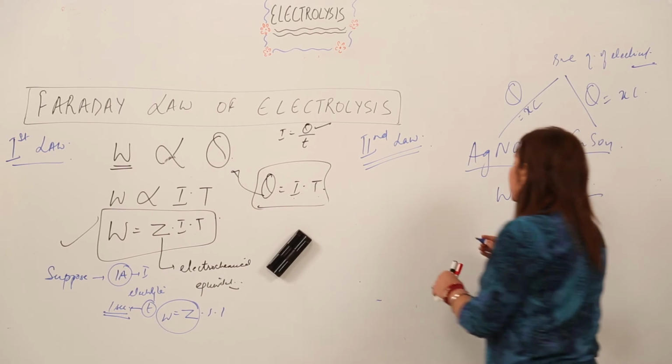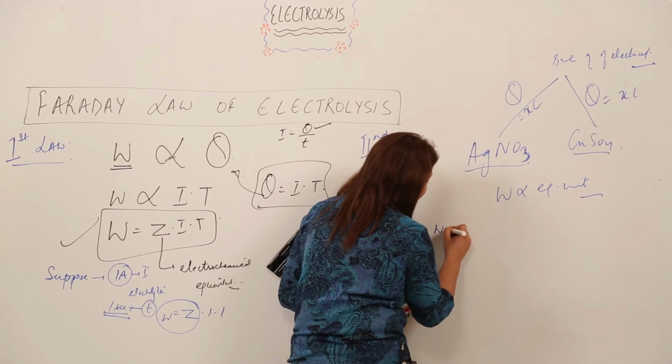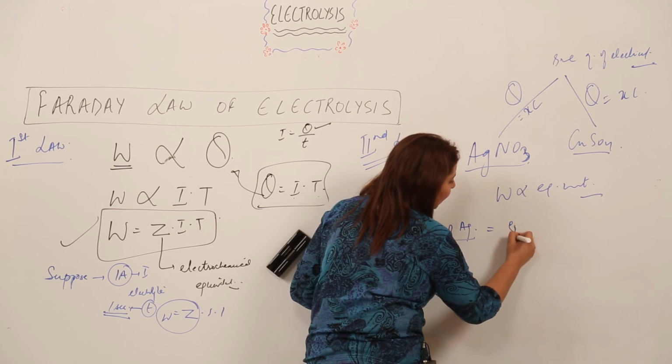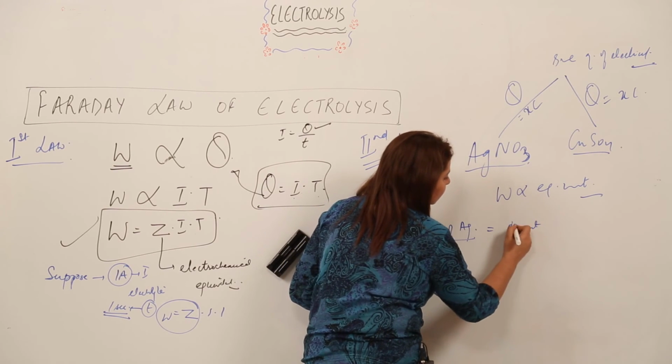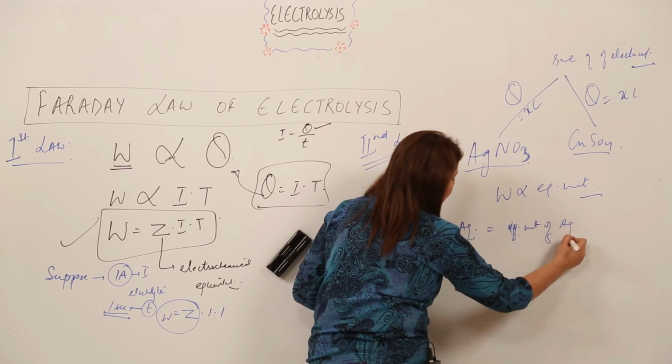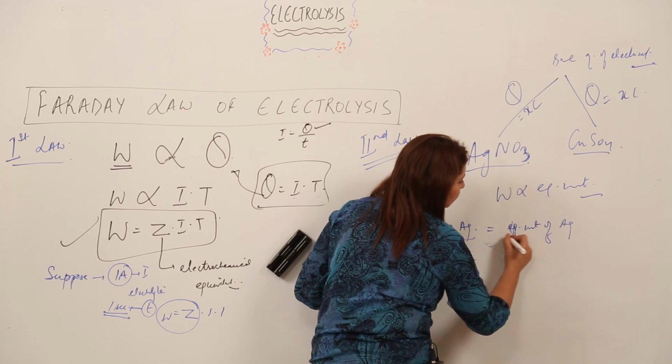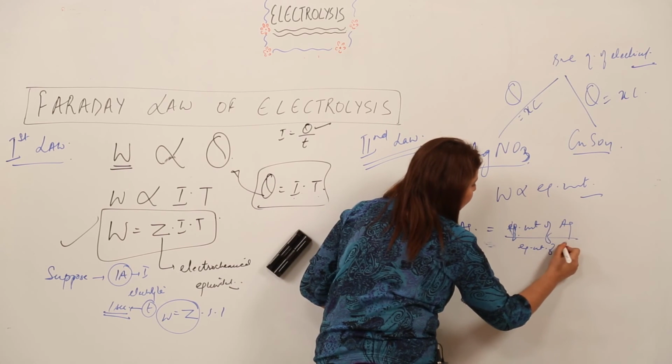So the weight of silver is directly proportional to the equivalent weight of silver, and the weight of copper is proportional to the equivalent weight of copper.